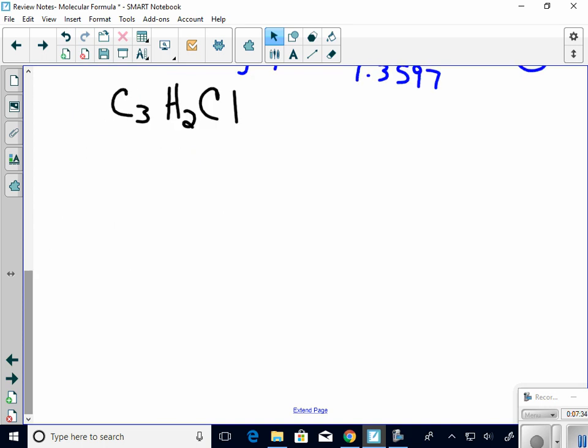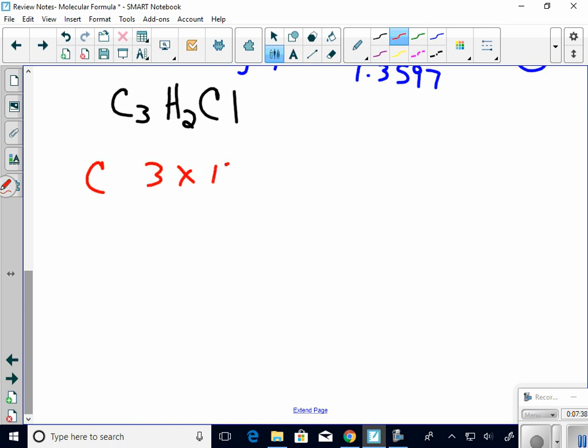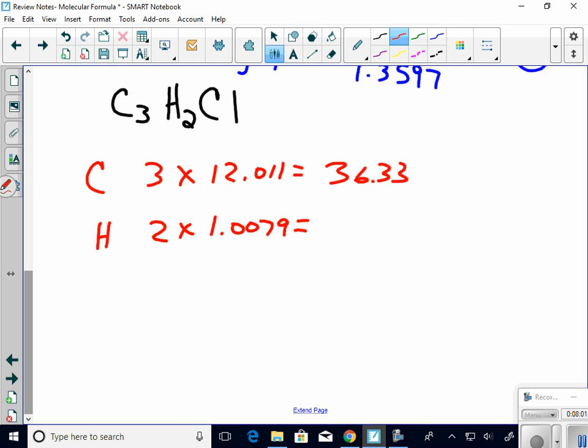So, carbon is 12.011. I have 3 of them. So that's going to give me 36.33. Hydrogen, 2 of the 1.0079.